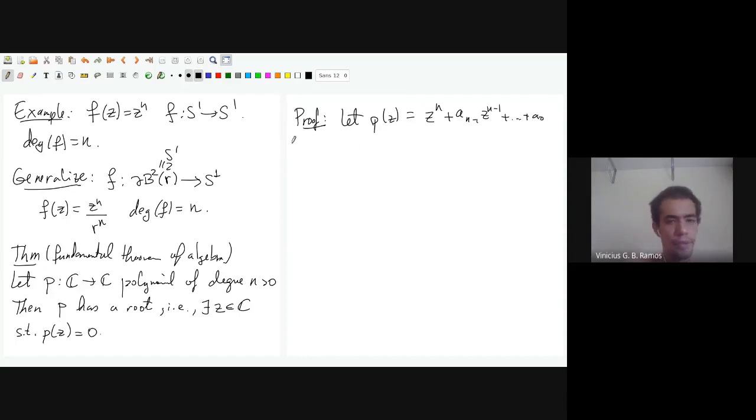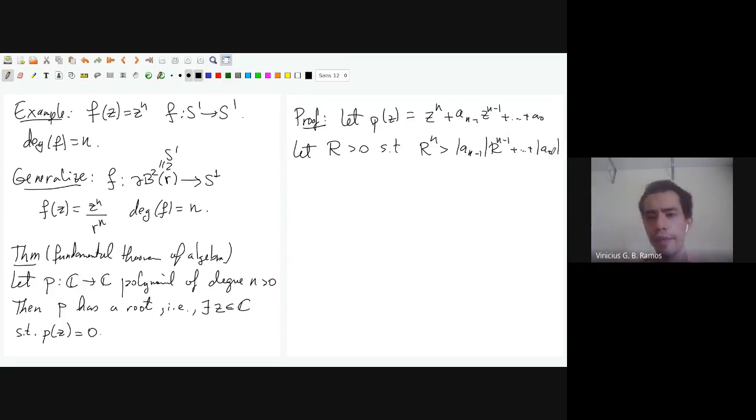Okay, so now I'm going to fix some r, some large positive real number, such that r to the n is greater than the absolute value of a n minus 1, r to the n minus 1, plus, etc., plus the absolute value of a0.